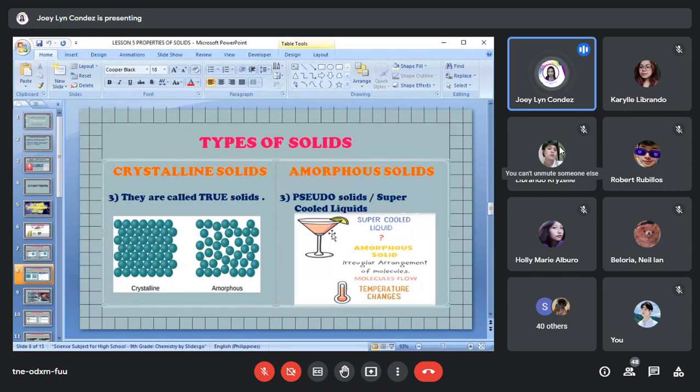So glasses at high temperature are similar to liquids. Their molecules can flow. That's why glasses are also pseudo solids.